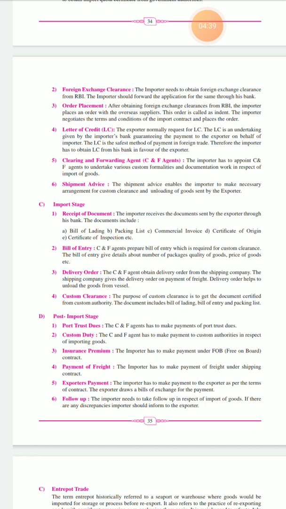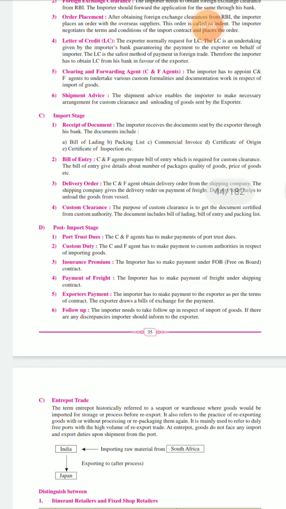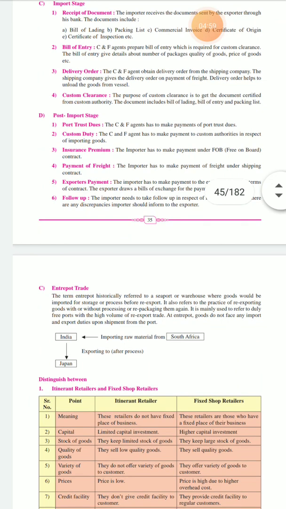Then payment of freight. Under the shipment contract, whatever freight charges there are, should be paid. Exporter's payment, follow up. So these are the stages of the post import stage. These are the 4 stages of the import procedure, and the last thing is the entry port trade.